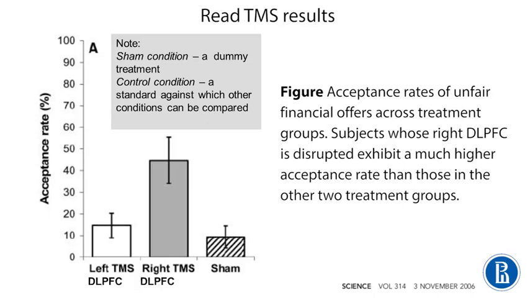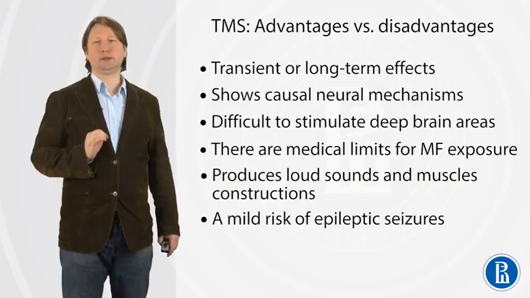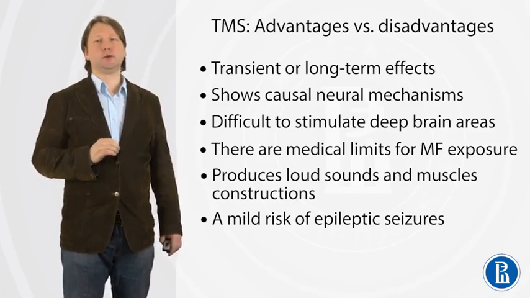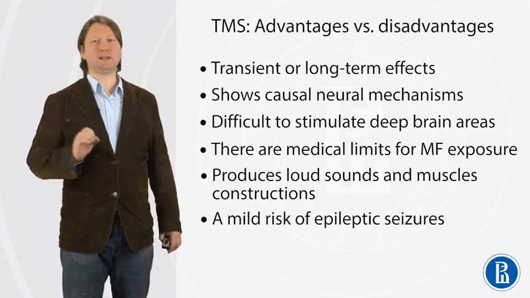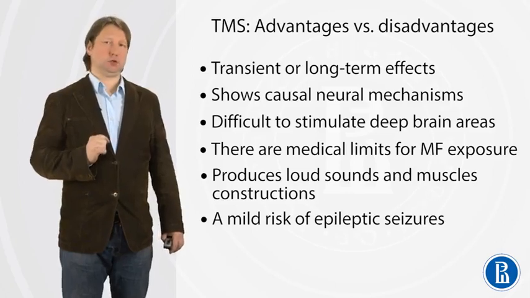We will discuss in detail this kind of studies during the course. TMS is really an interesting new method that is used in neuroeconomics. So it can induce very transient effects, so we can quickly change decisions by single pulses. We can induce more long-lasting changes.